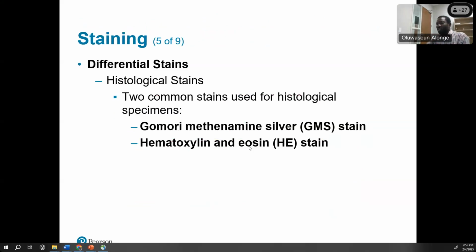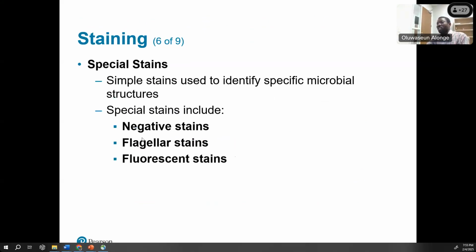All right. Okay. So I've talked about, this is what I was talking about earlier, hematoxylin and eosin stain. Now, there are some special stains. We call them negative stain, flagellar stain, and fluorescent stain. The major thing we use the special stains for is to identify microbial structures.